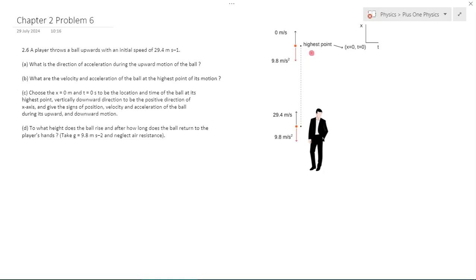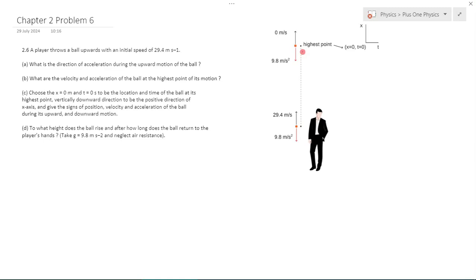That is, it will not go up. At that point, the velocity of the ball at the highest point of its track is zero.